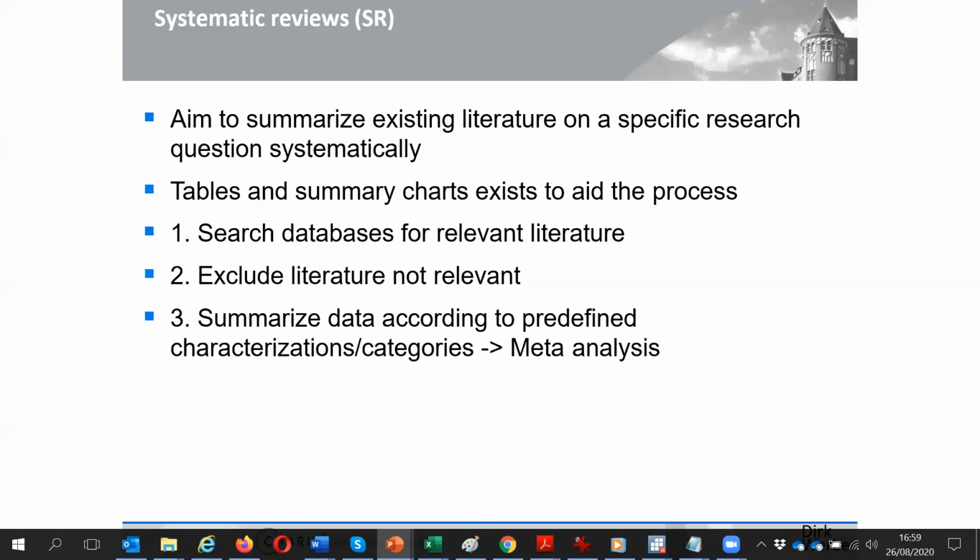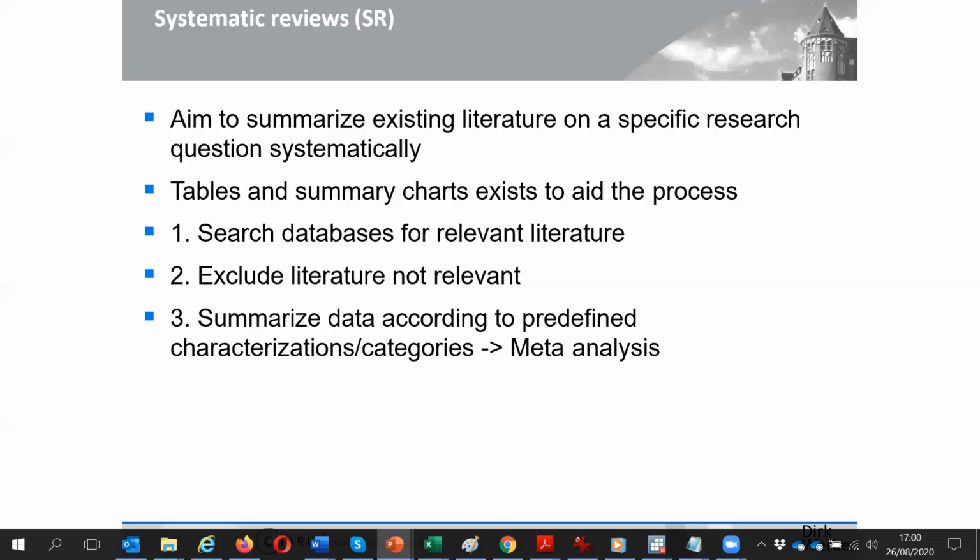You search databases for these studies. You exclude the literature which is not relevant. You've got some criteria for which studies to include and not to include. Then you summarize data according to predefined categories or characteristics. There are tables and charts which can be used to do this.